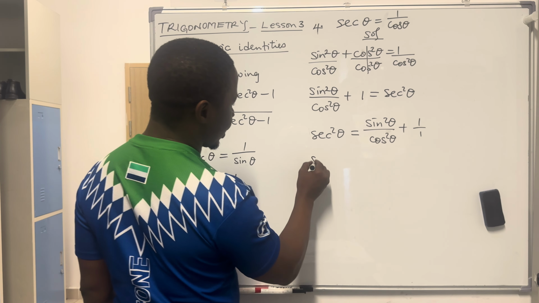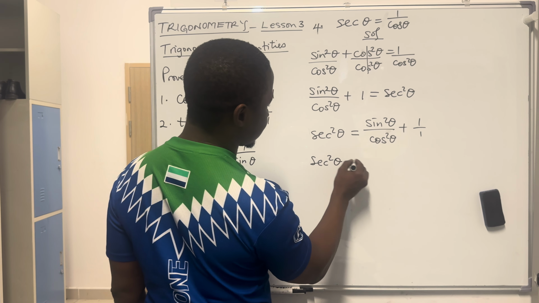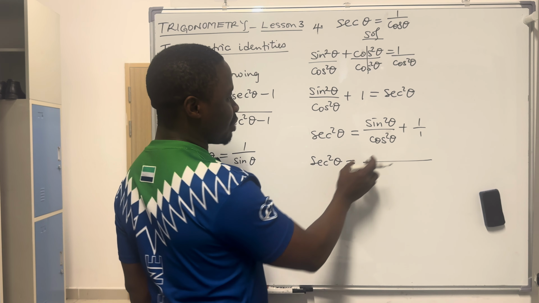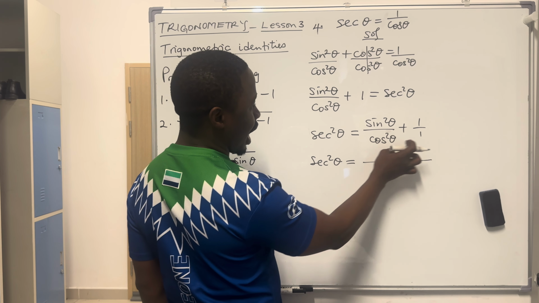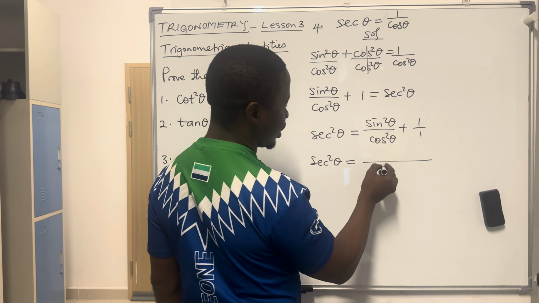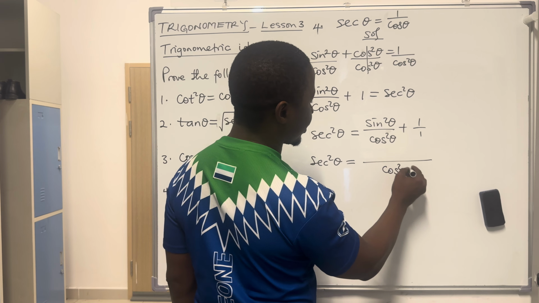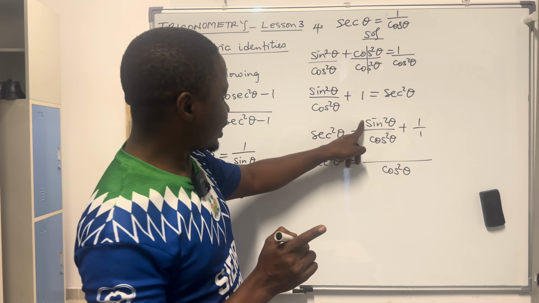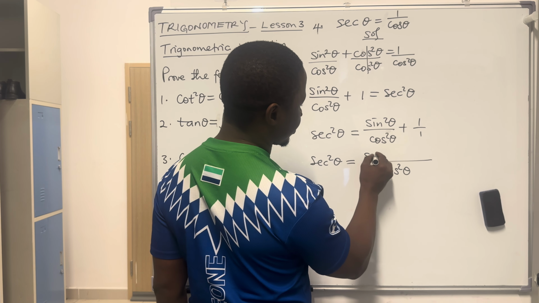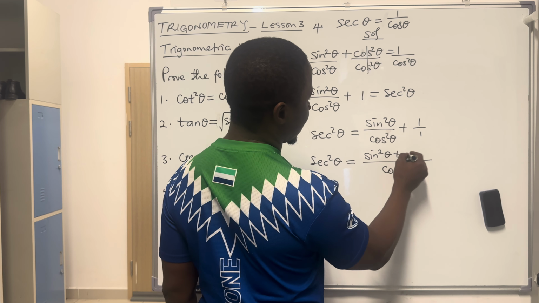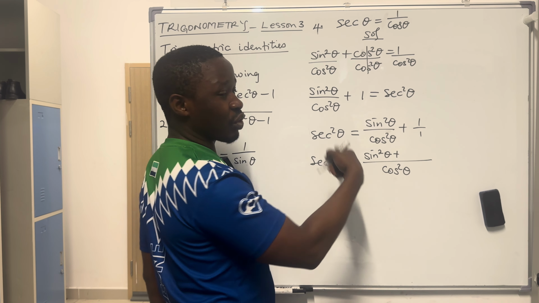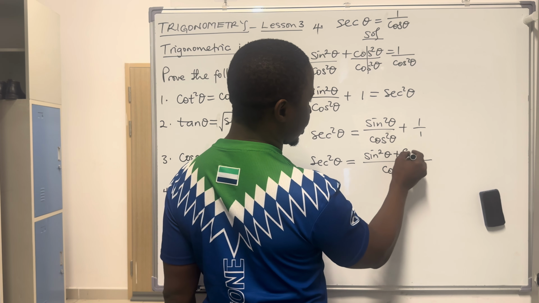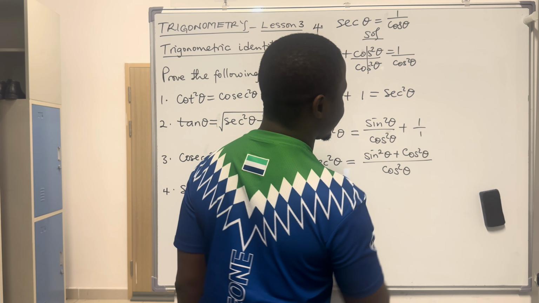So now sec square theta is equal to the LCM of any value and 1, which is the value itself. So we say cos square theta. This into itself is 1. 1 times sine square is sine square. This into cos square is cos square. Cos square times 1 is cos square theta.